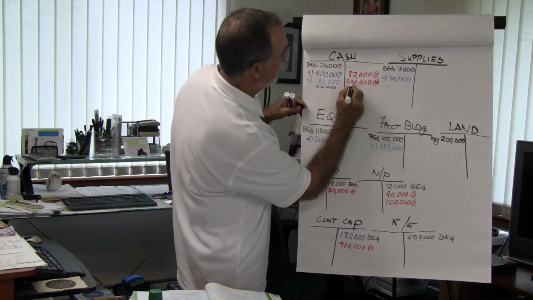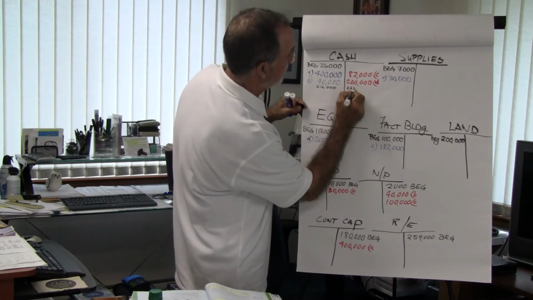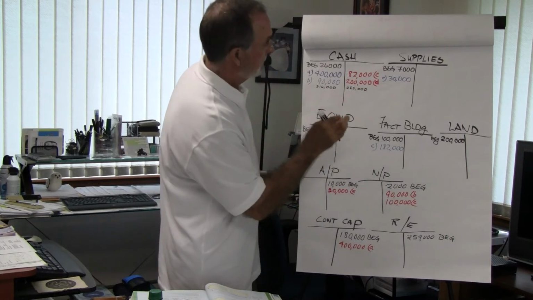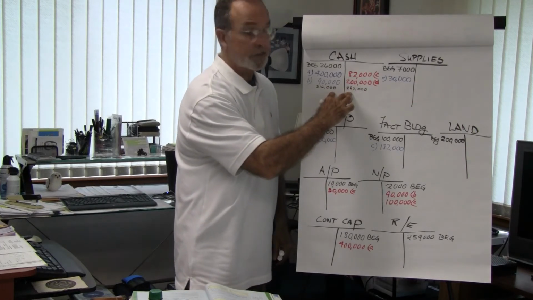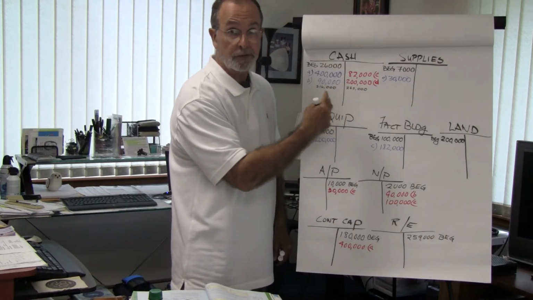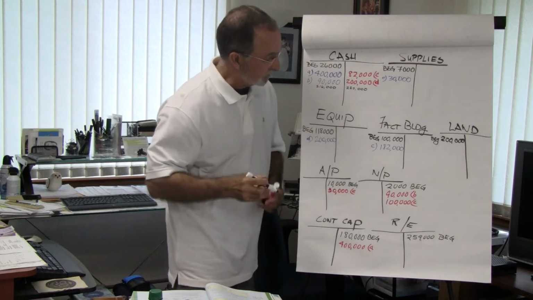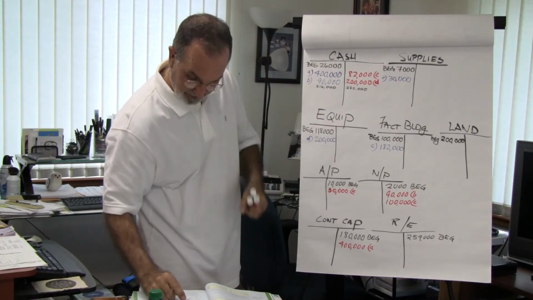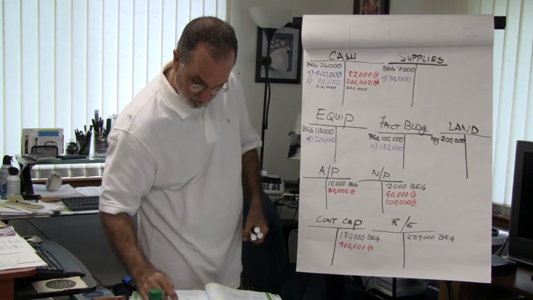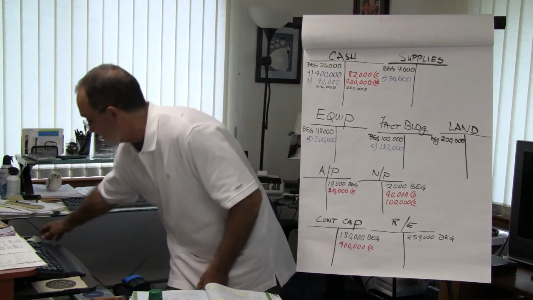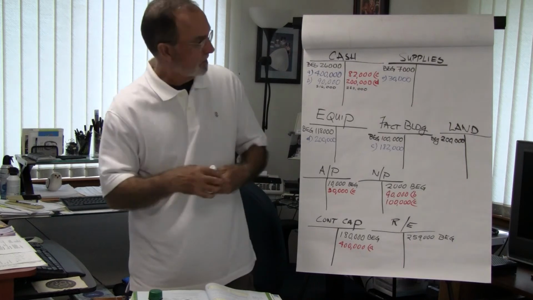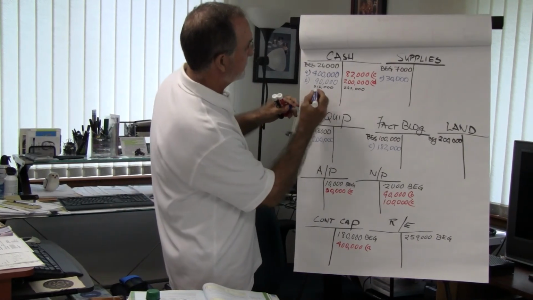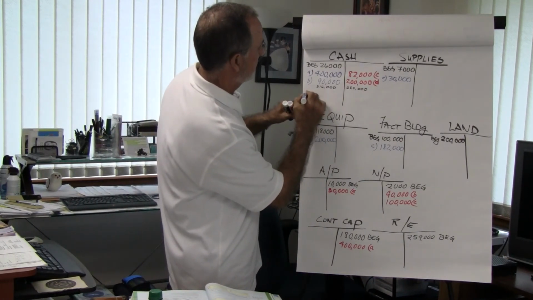On the minus side, we have 282. We total each of the two sides of the account, and then we simply subtract those two totals to get the balance in the account. So our balance of cash is $234,000.